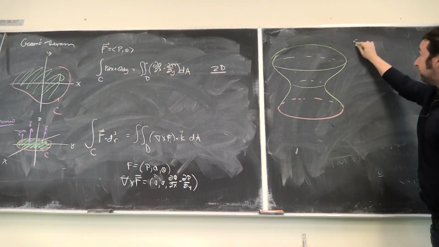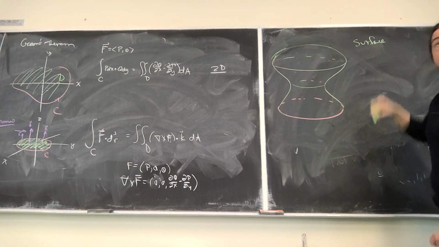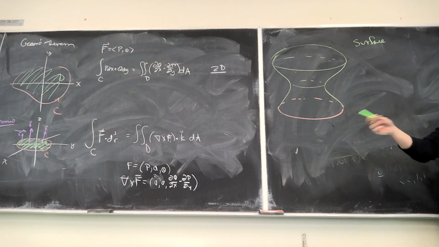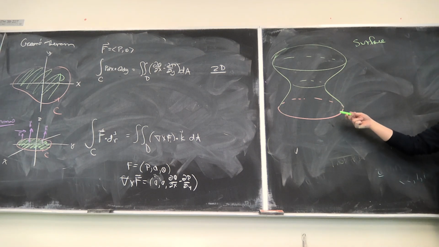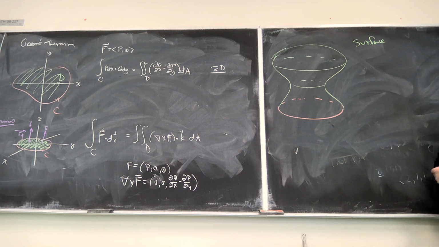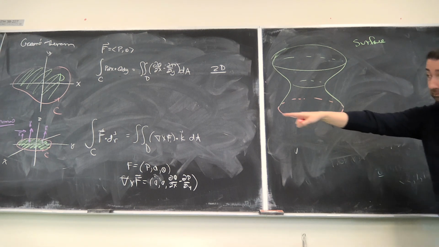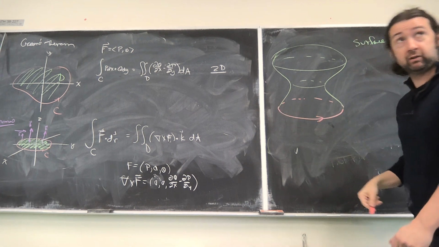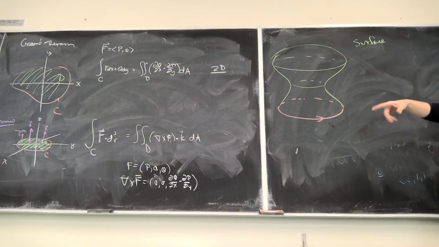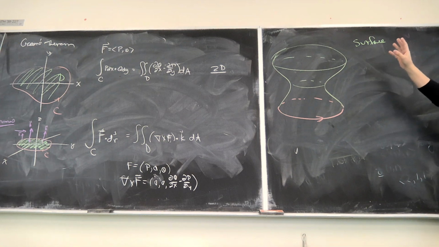So this is a surface. I've taken a flat thing and I've blown it up into something that's not flat. But notice, I didn't change the boundary. The boundary's the same. I think about that pink ring there as remaining the pink ring. I've blown into that rubber sheet from the bottom and bulged it up into a surface.